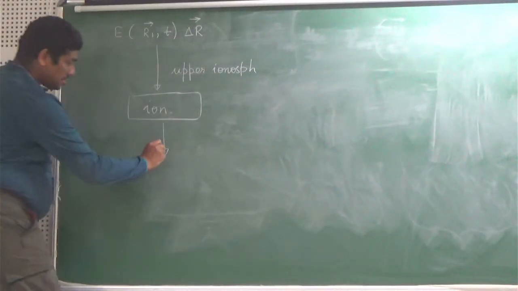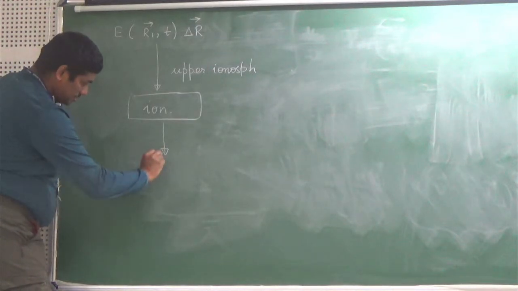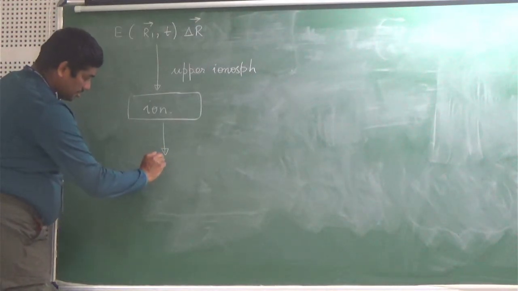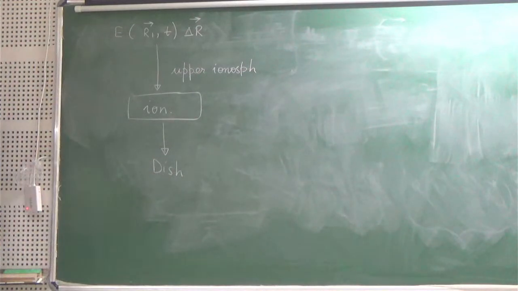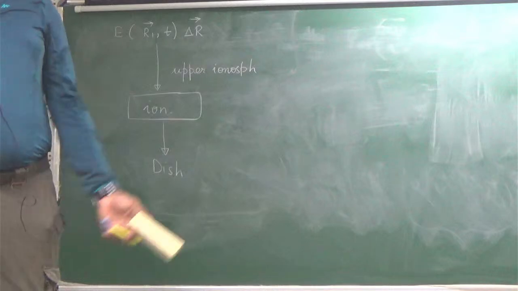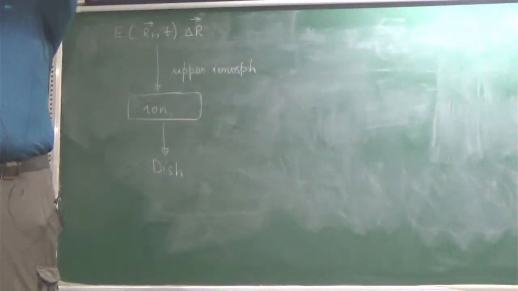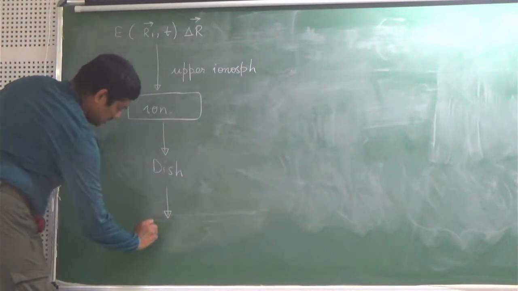Then after the ionosphere, it comes to the top of the antenna, and then it sees the antenna dish. What does the dish do? It has a huge collecting area. It collects all the radiation in that collecting area and directs it towards the feed where you have a dipole.